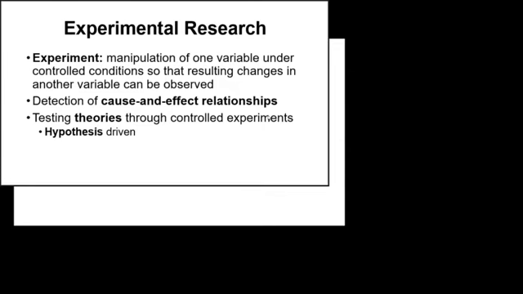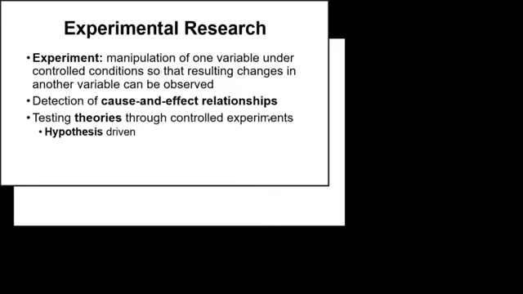But experiments are when we start changing that. So an experiment involves the manipulation of one or more variables under controlled conditions so that any of the resulting changes in what you're measuring were probably driven by the thing that you've manipulated.